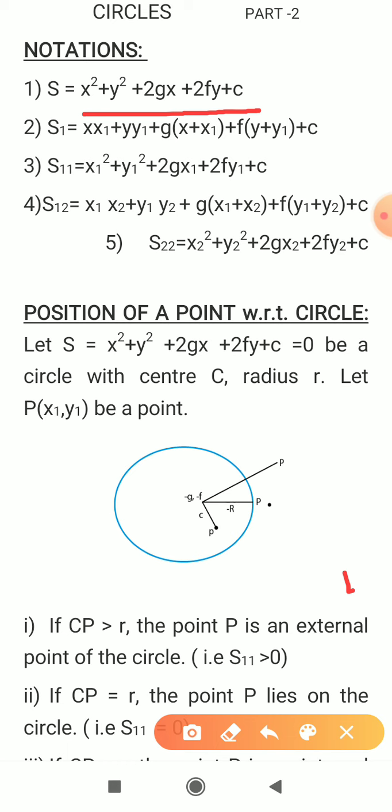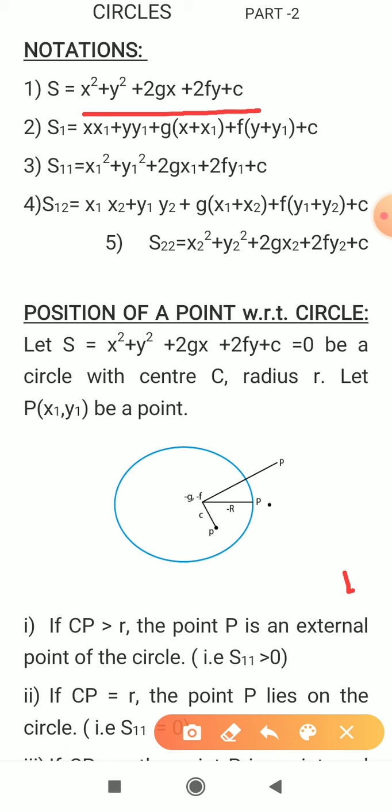This is very important for knowing the formulas of the polar equation, chord of contact equation, and tangent at a point equations. S1 is nothing but this: we write x square as x into x1, so for one x we put x1.